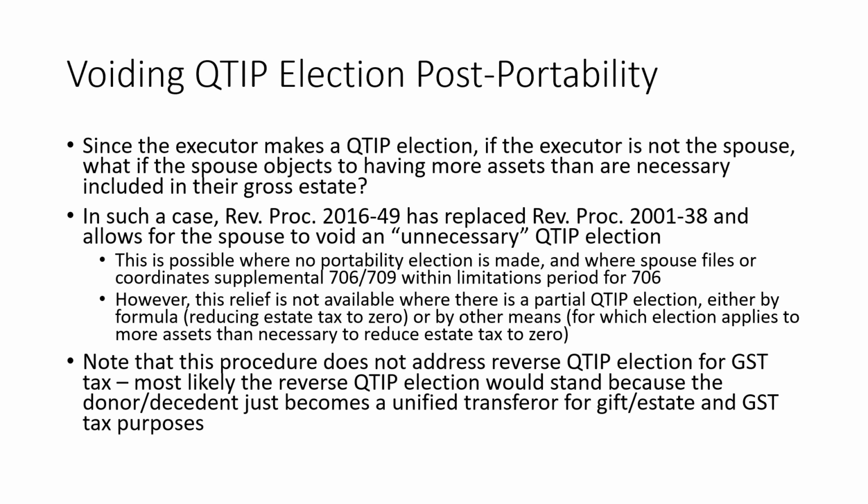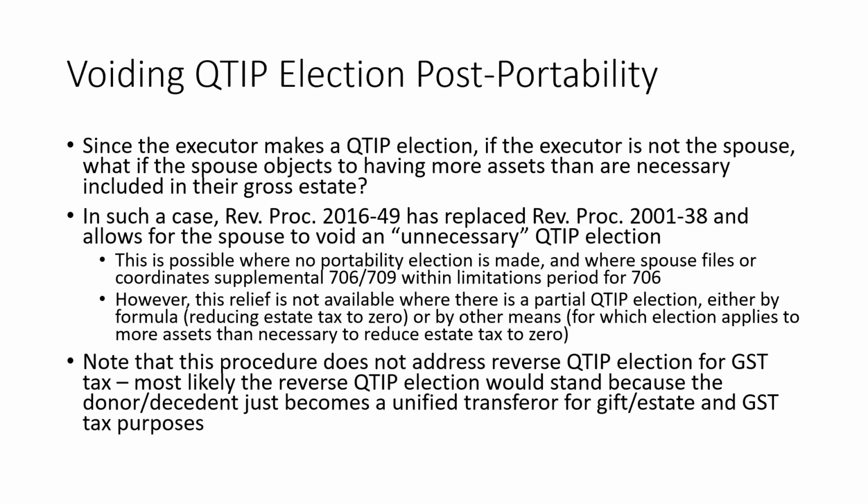Now, one area this revenue procedure doesn't address is whether the reverse QTIP election would be affected by a spouse's voiding of the normal QTIP election, and most likely it would not, even though not directly stated in the Rev Proc, because the reverse QTIP election already treated the donor or deceased spouse as the transferor for GST tax purposes, and voiding the actual QTIP election would just simply unify the donor or the decedent as the transferor for all purposes, both for GST tax purposes and for gift and estate tax purposes.